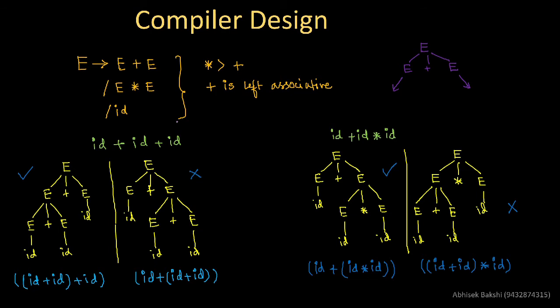For example, let's take the same grammar again. We have a grammar like this: E to E plus E, or E star E, or id.